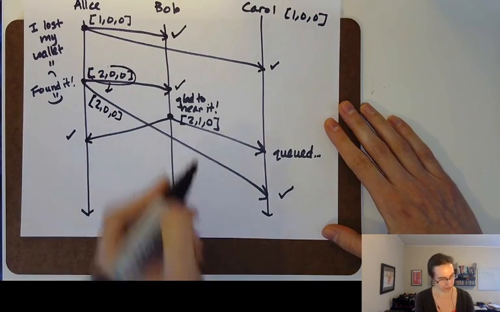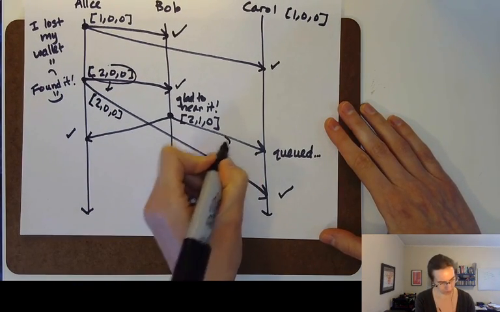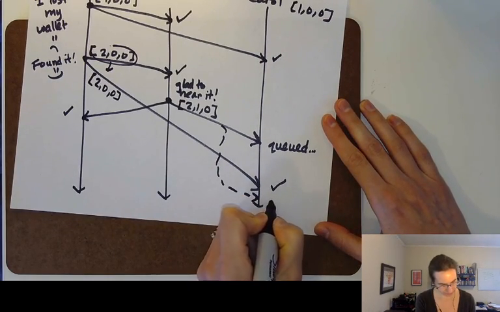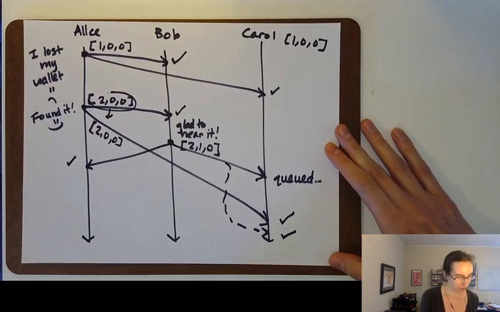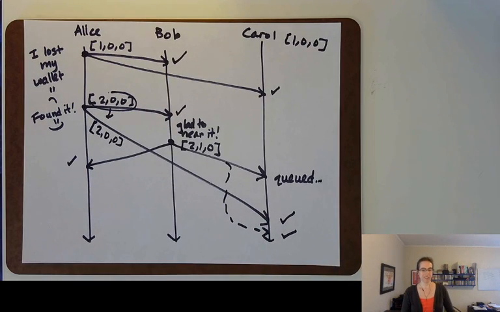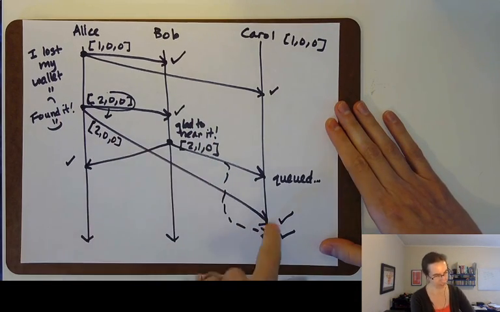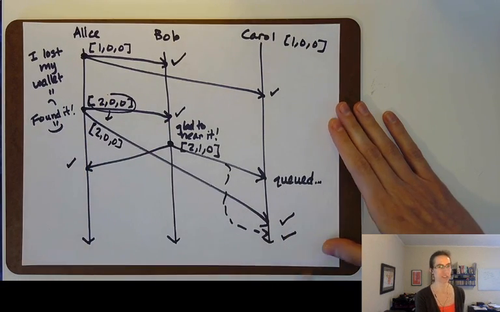And then finally, this one down here that got queued is okay to deliver now. So here, again, the causal broadcast algorithm prevented some horrible faux pas from taking place. Carol does not see this glad to hear it message until she sees Alice's message saying that she found her wallet.